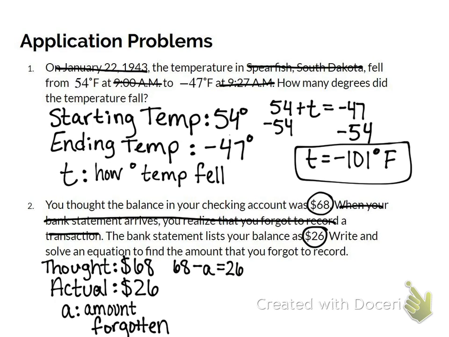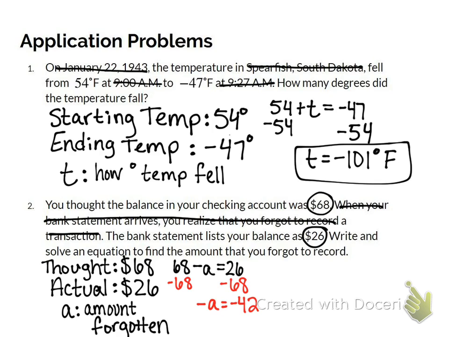26. Now we're going to have to be careful in solving this one. First step, we're trying to get that A alone. Subtract 68. I heard some people say it softly. Now when we do that, what sign is still on the A? A negative sign. Don't drop that off. And what do we get when we take 26 minus 68? Negative 42. Is A all alone?